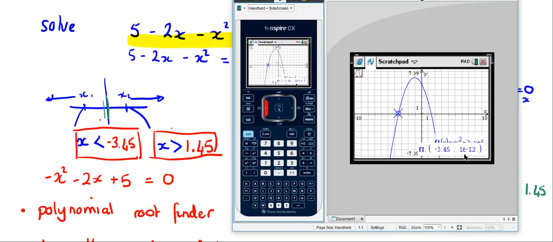The y value, 1 times 10 to the minus 12, is just 0, but because of the graphics on the calculator, it can't give it. How do you find the other one? I just press right until I've gone round, and it will take me straight to 1.45. That's the good thing about this new calculator. The old one didn't. You had to do a specific thing.